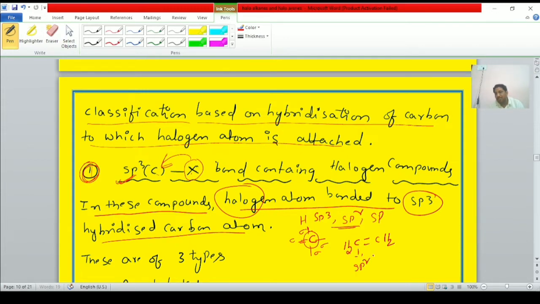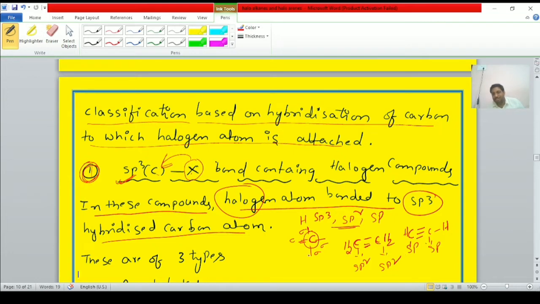Double bonded carbons are always sp2 hybridization. There is no need to check, students. Here the carbon atom is bonded to a double bond, it is sp2. Triple bonded carbons are called sp hybridization.